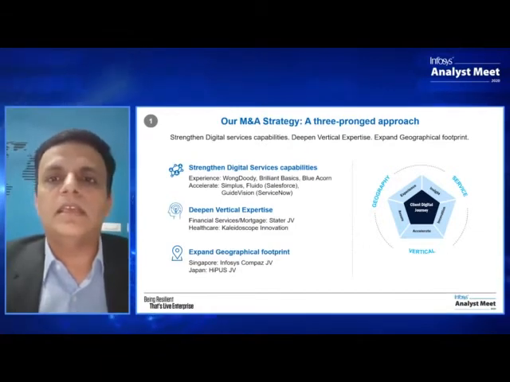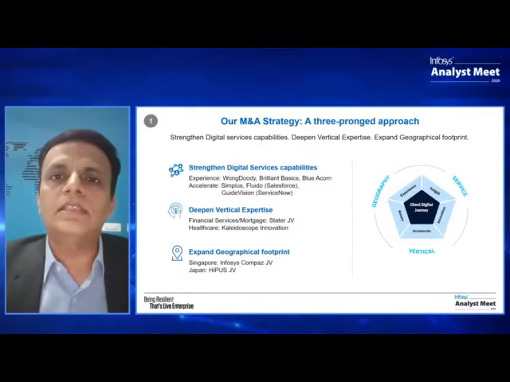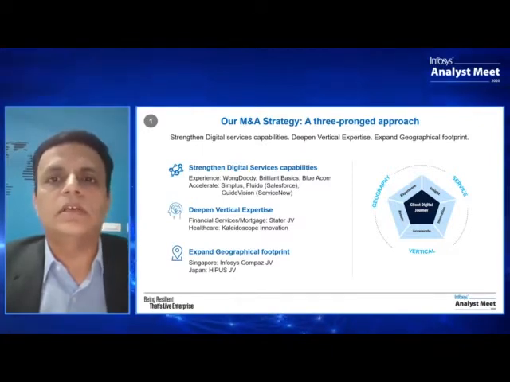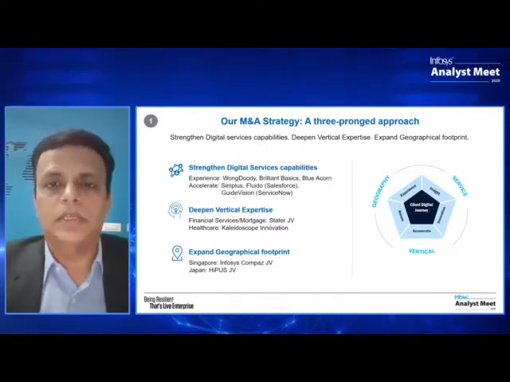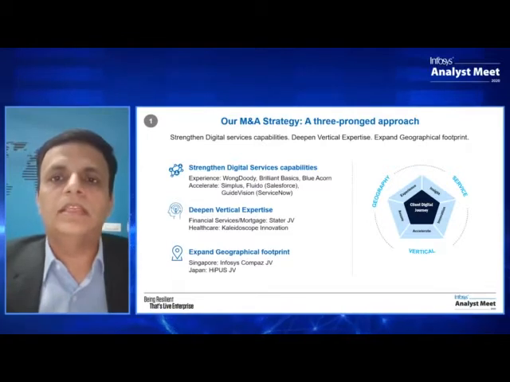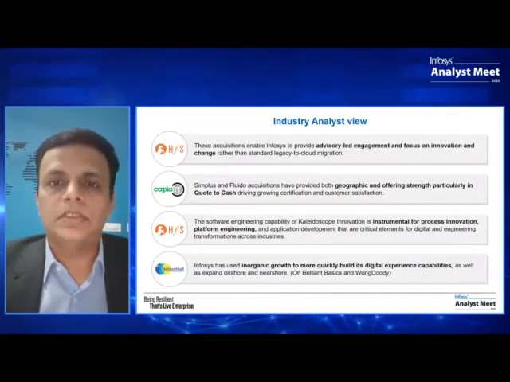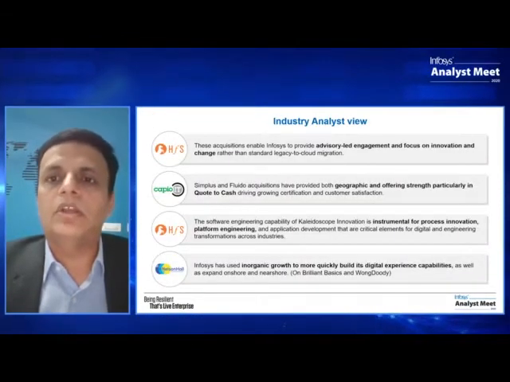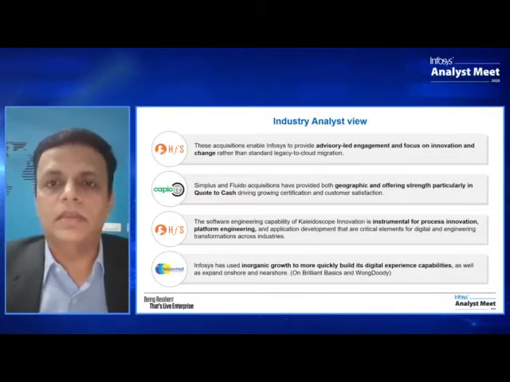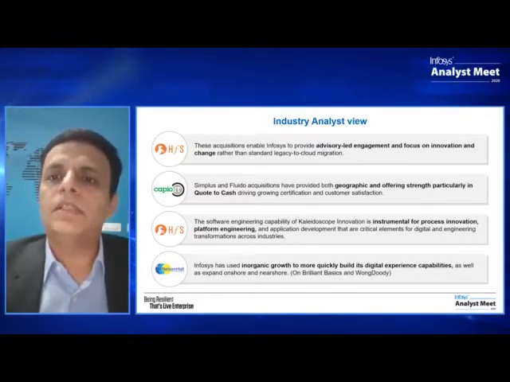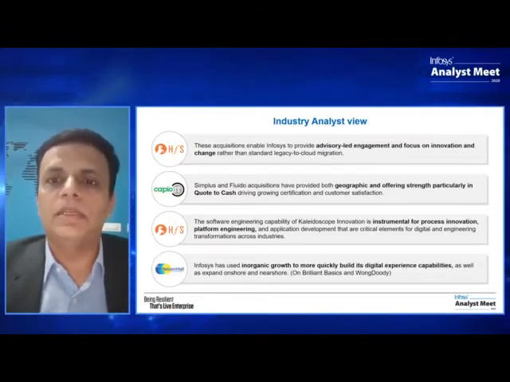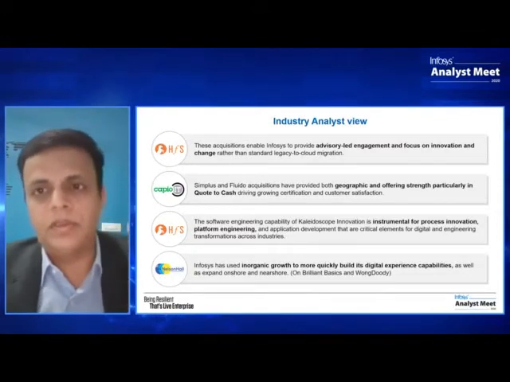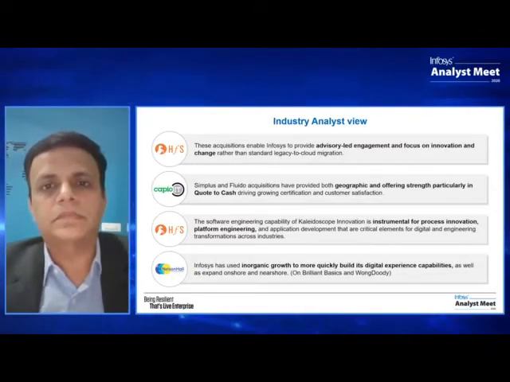The other areas like AI, data analytics, and cybersecurity, which is increasingly showing up on the CXO agenda, continue to remain areas of focus for us. Let us look at a few quotes and acknowledgements from industry analysts on our various acquisitions that we have done. They expect these acquisitions to help build capabilities and strengthen our digital services. And I'll pause here for a few seconds.